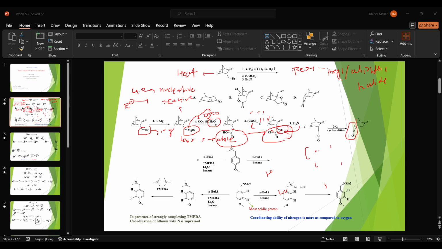After that it will undergo an elimination reaction, which we call an E1 elimination reaction, and you will get the corresponding alkene, the more stable alkene. This one is the more stable alkene.